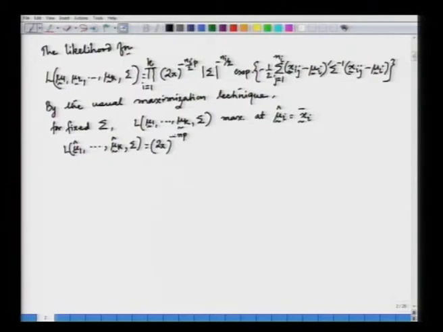Instead of this, since this is to the power, we write np by 2, where n is nothing but the summation of ni from 1 to k, and similarly for this determinant term also we can write this is minus n by 2. So, n is the total sample size considering all the populations.